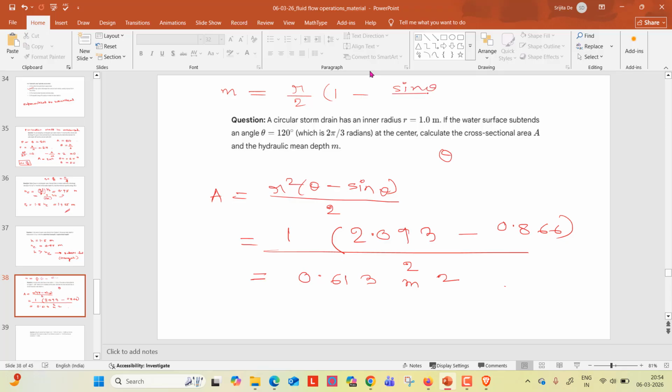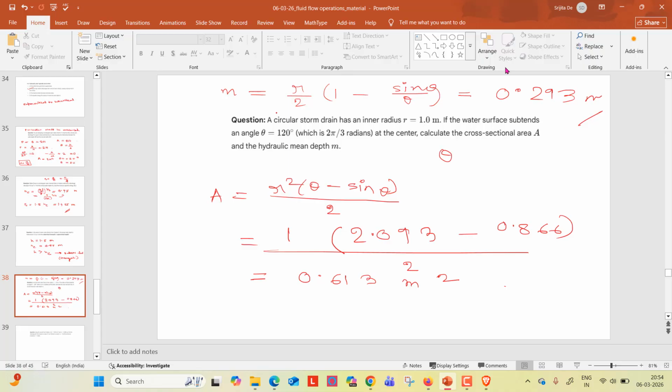So putting all the values, I am not putting again. So it is 0.293 meter. Okay, this is the answer.